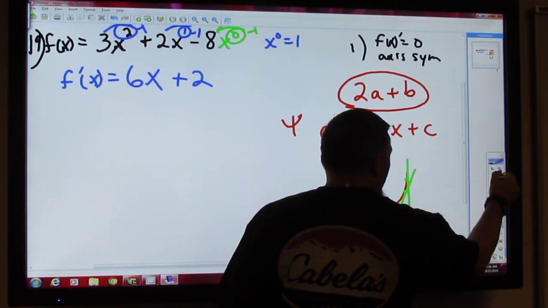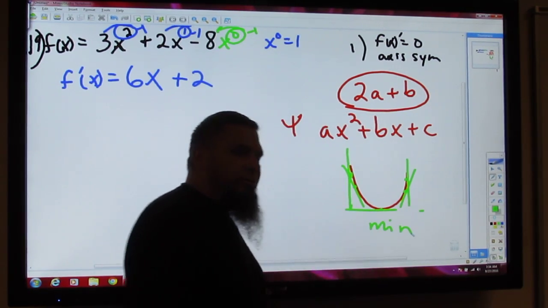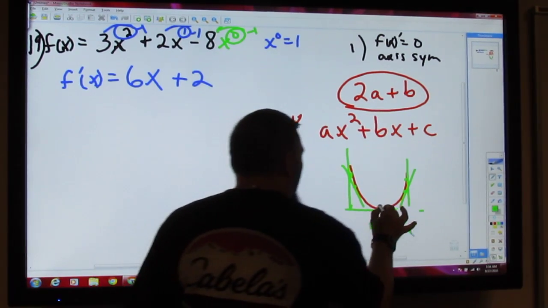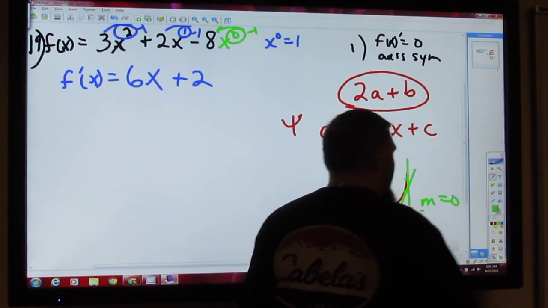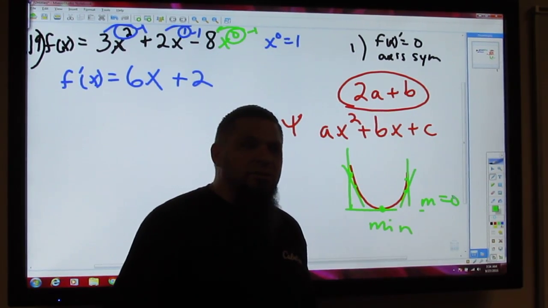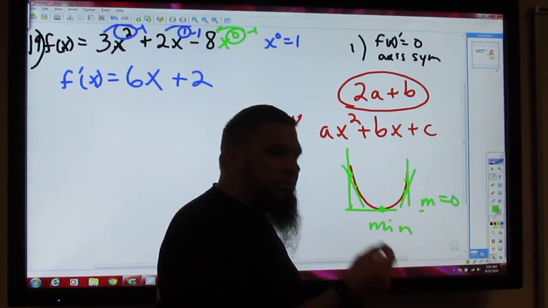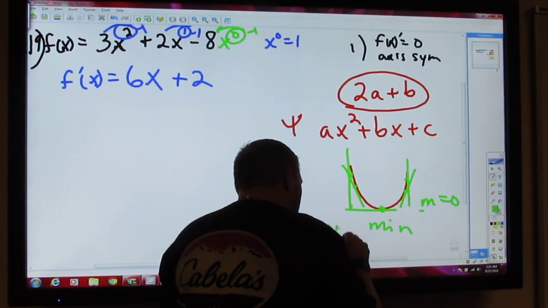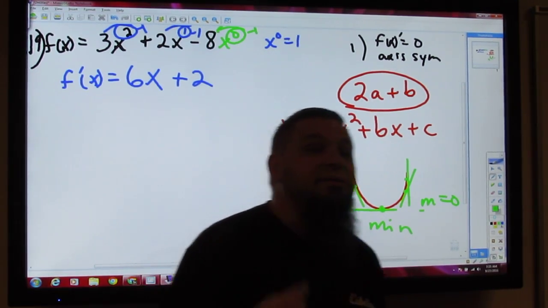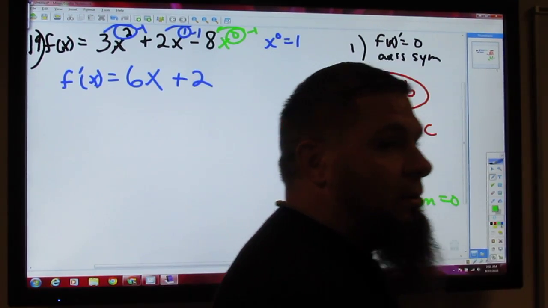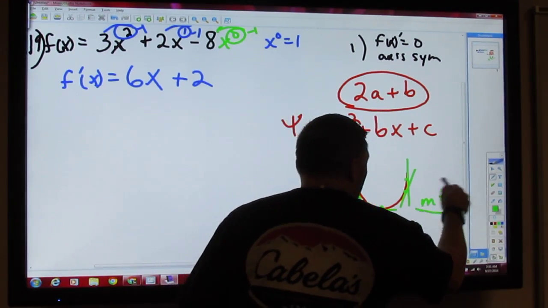That minimum value is when the slope is equal to 0. So the instantaneous change, remember, is the difference in y over the difference in x. That's the instantaneous change. That's the derivative. Well, that's also the slope.